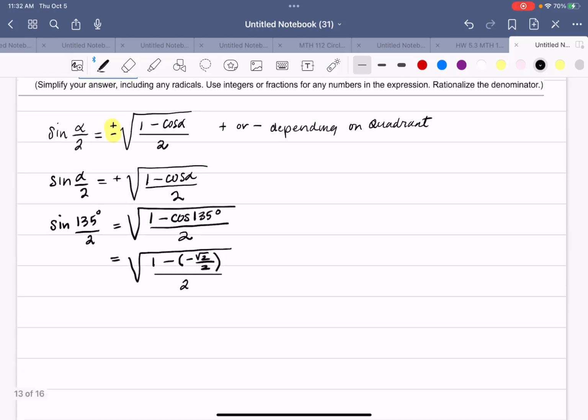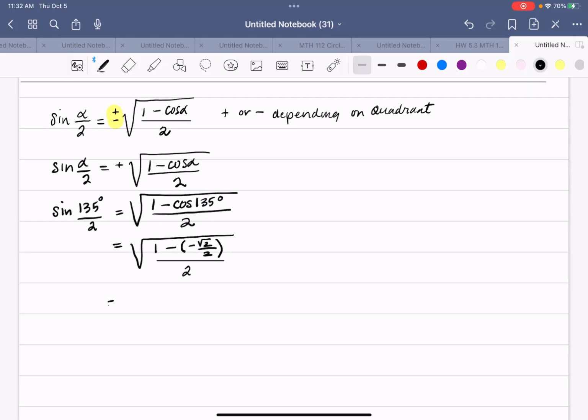So now we have to do some cleanup. I'm going to have a 2 over 2. I'm just doing the inside now. And it's going to be plus the square root of 2 over 2, because that negative and a negative are going to make a positive. So 2 over 2 plus the square root of 2 is 2 plus the square root of 2 over 2.